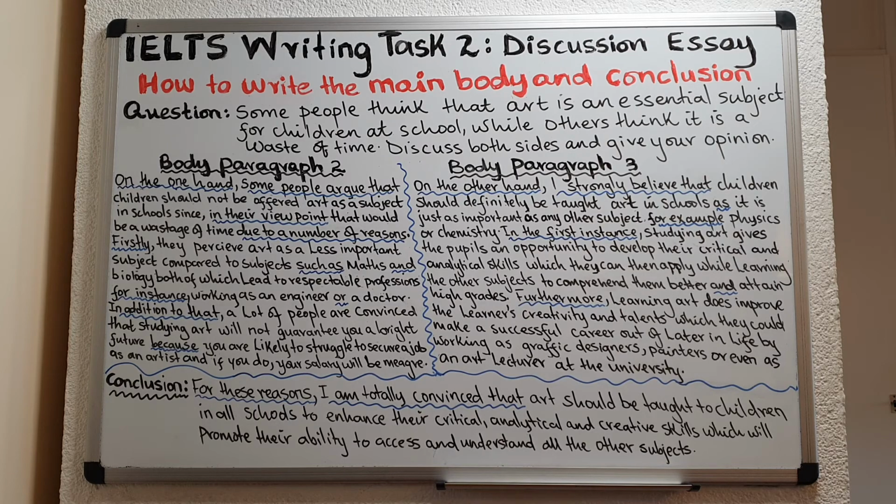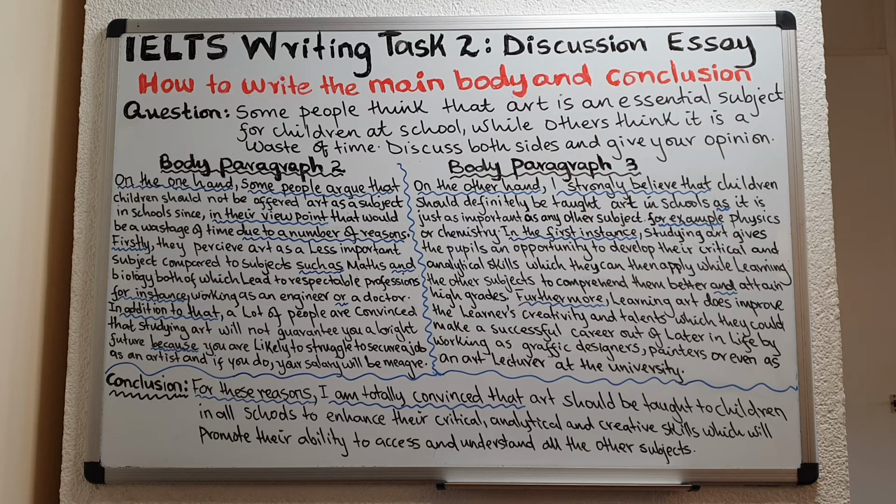I began the conclusion by linking it to body paragraph 3 using the words for these reasons. You can also use due to these reasons. And then after that, you make it very clear that you are repeating, you are strengthening your opinion using the words, I am totally convinced that. And then after that, you write the opinion that you have.